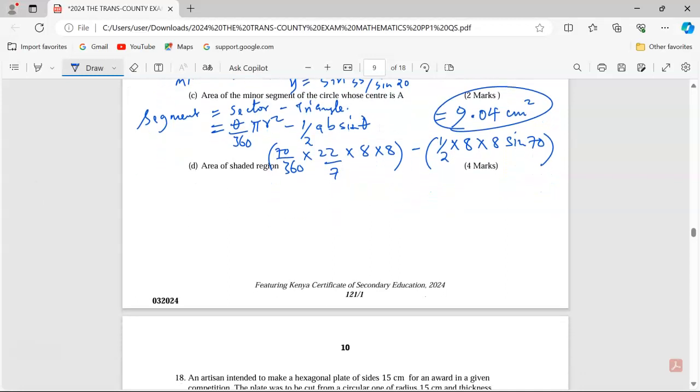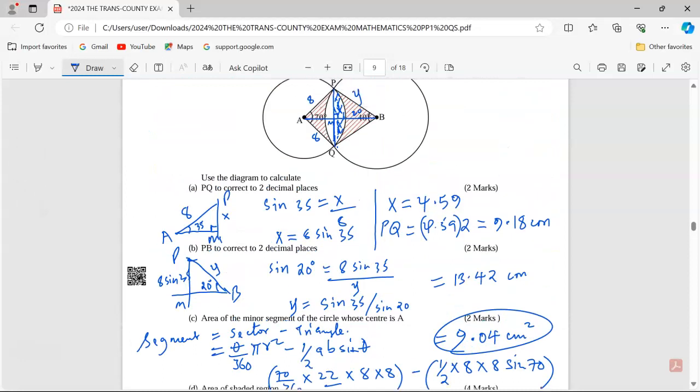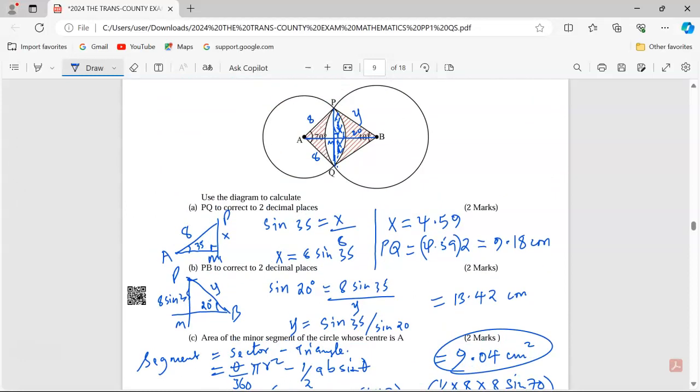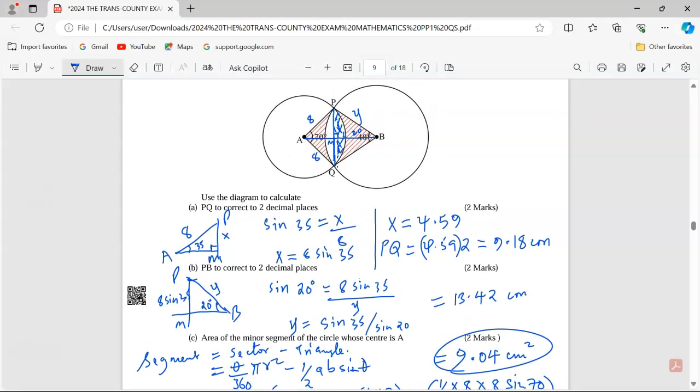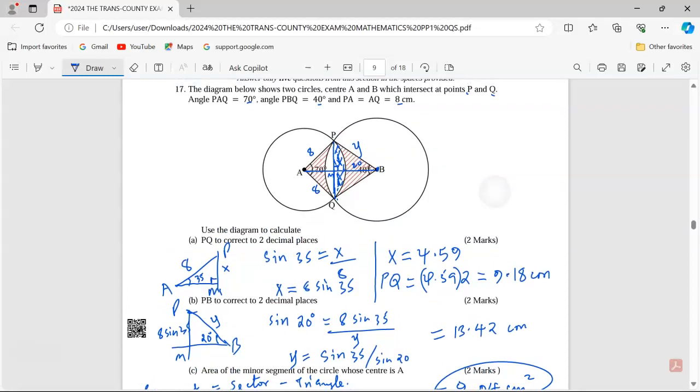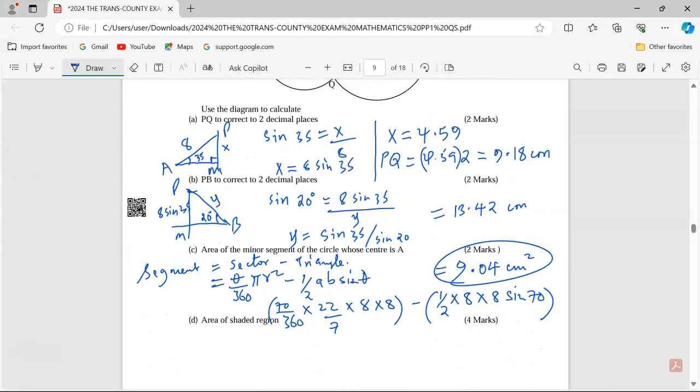I'll be talking about the area of the shaded region now. The area of the shaded region will be the area of the whole part APBQ, then I subtract the unshaded part. So let me proceed to calculate the area of the other minor segment for the circle with center B. That means I'll need to take the whole sector BPQ, then I subtract the triangle BPQ.